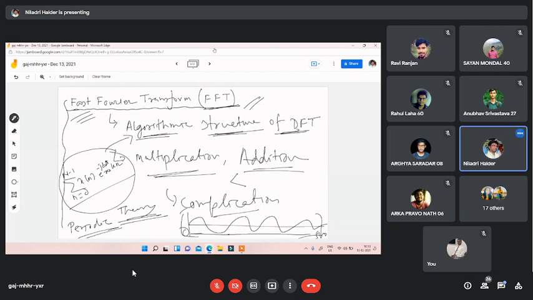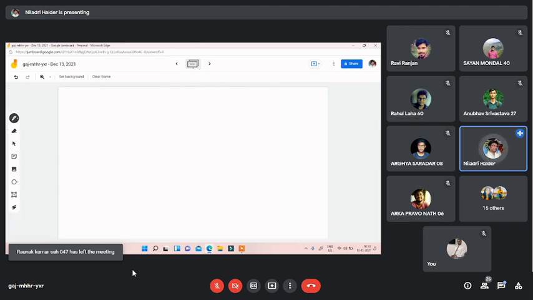Okay. Now, that fast Fourier transform has some basic techniques. First of all, I mention there are two types of FFTs. One is DIT FFT, another is DIF FFT.